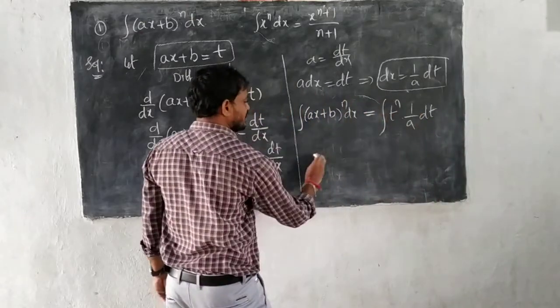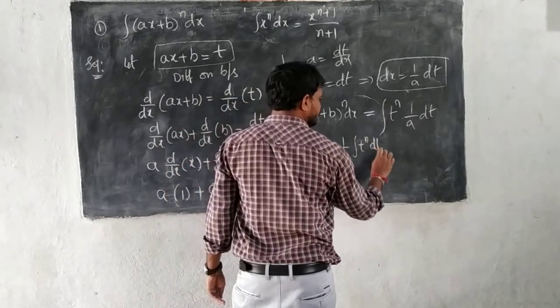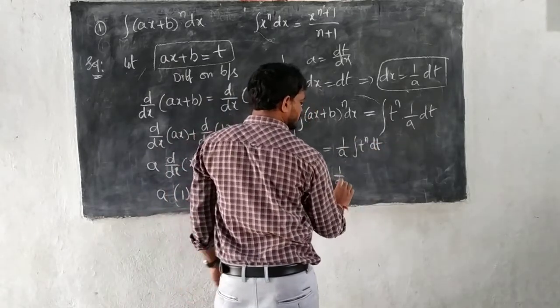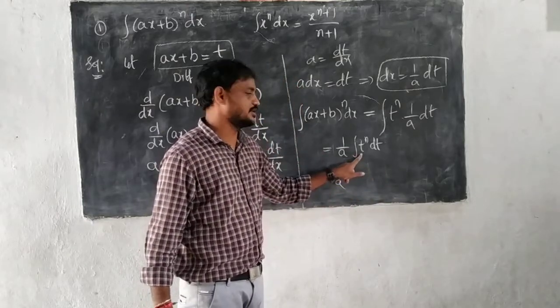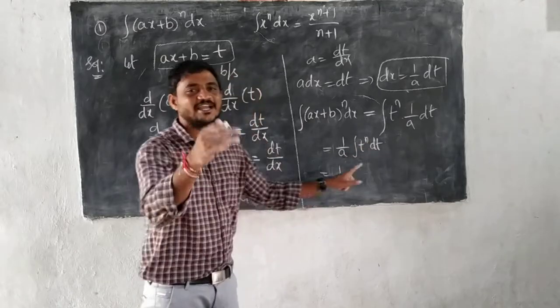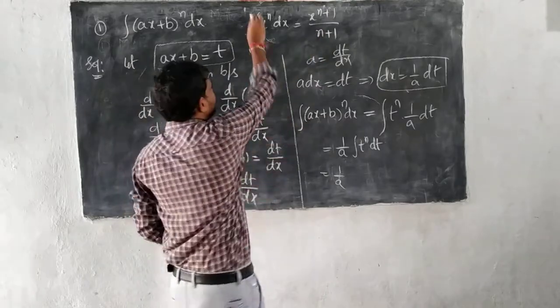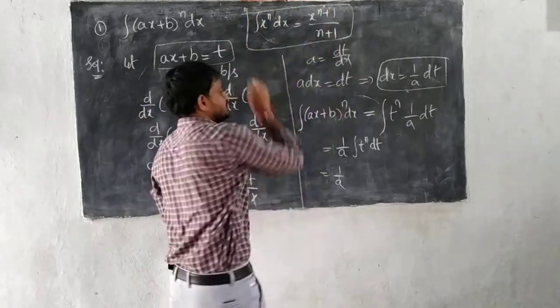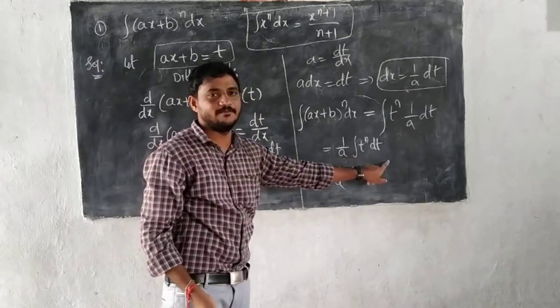Here 1 by a is a constant, so write it outside. So 1 by a times integration of t to the power of n into dt. Here integration is with respect to t because the function is in terms of t. This is a standard form. So the given function is converted into standard form.